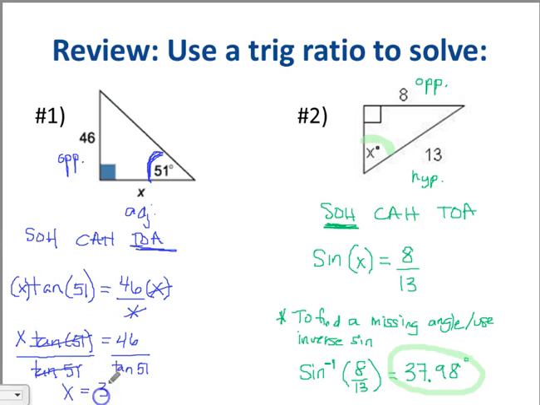You should get 37.25. Again, if you're not getting these answers, make sure you're in the correct mode, that you're in degrees and not radians. That's a good review of using trig ratios to solve for unknowns in right triangles. Again, we use trig ratios when we're given two pieces of a right triangle and we need to find a third, an unknown.